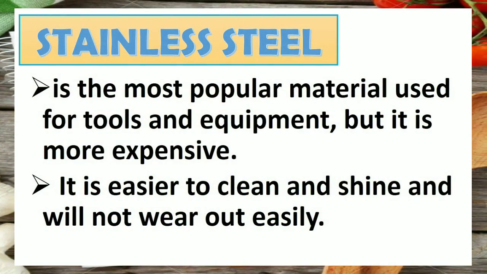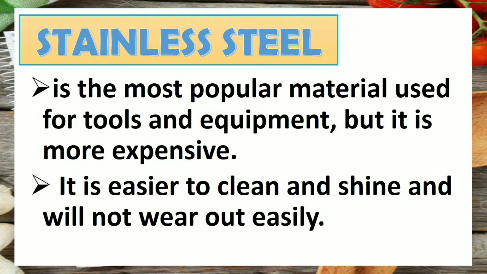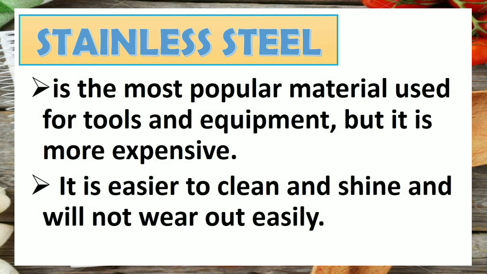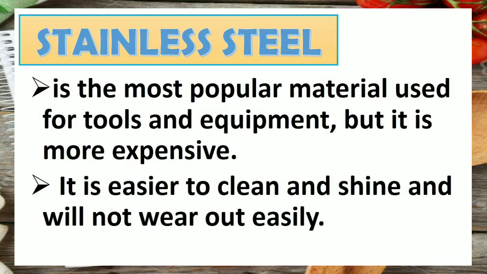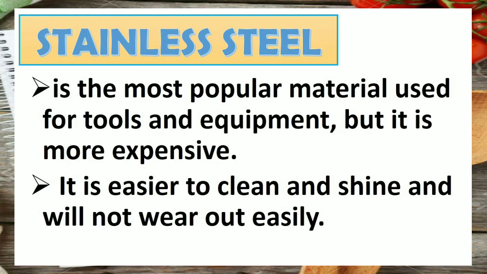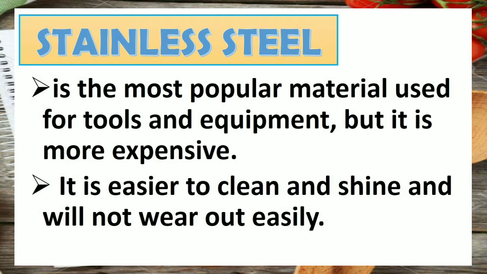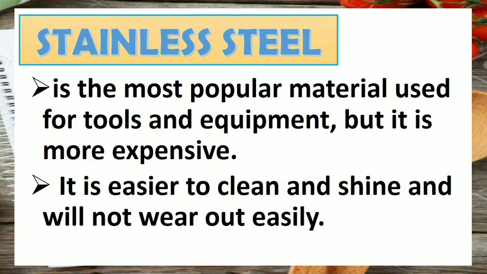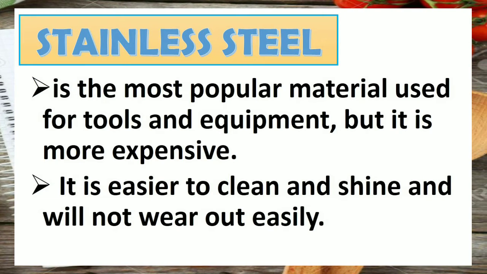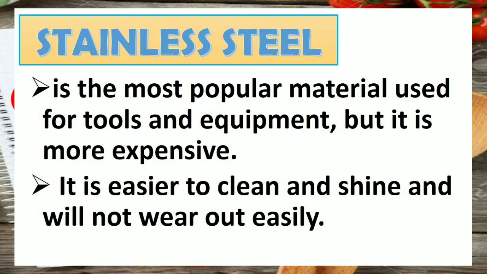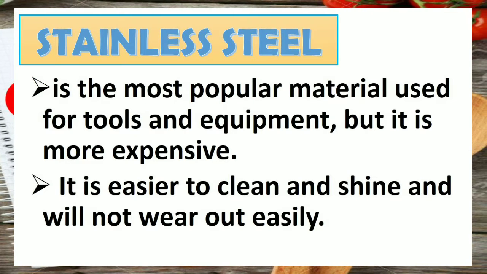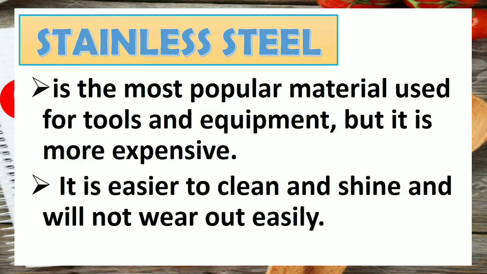Okay, so stainless steel is the most popular material used for tools and equipment, but it is more expensive. But it depends on the quality that you are going to buy. And it is easier to clean and shine and will not wear out easily.